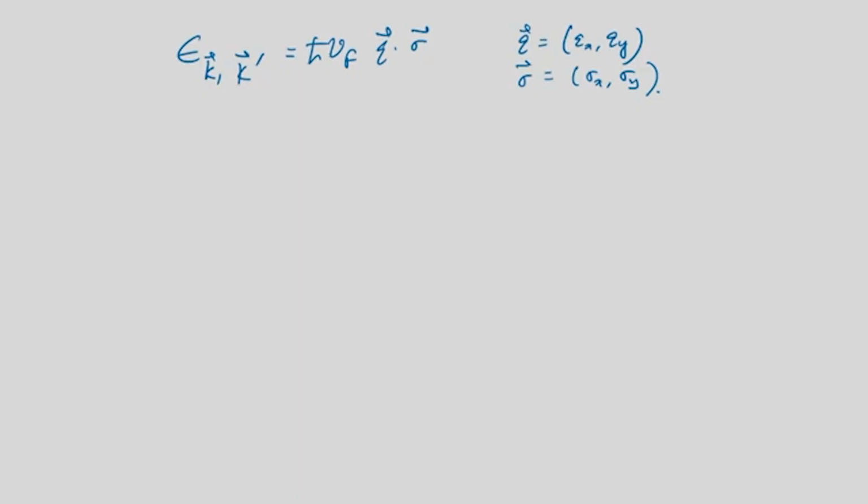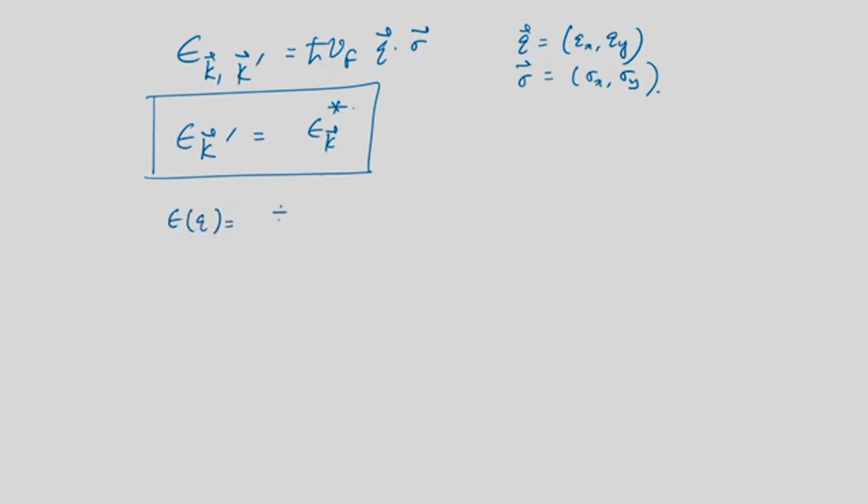It can also be checked that ε at K prime is the complex conjugate of ε at K. So, the electronic dispersions at these two Dirac points are related, and if one just takes the scalar form of energy, it is equal to plus or minus ħ v F times mod q. So, that explains the dispersion that we have seen.